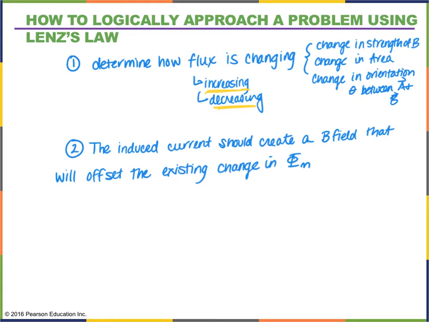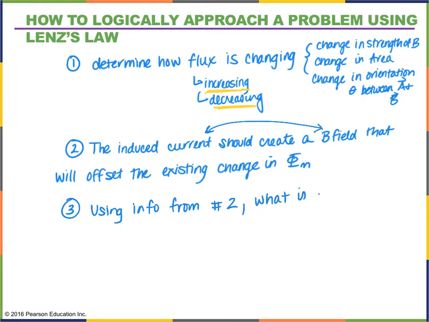So, knowing that, you have to determine, using the information from number 2, once you've figured out how an induced magnetic field, the magnetic field that's linked to the induced current, you want to find the desired direction of the induced magnetic field that's caused by the induced current.